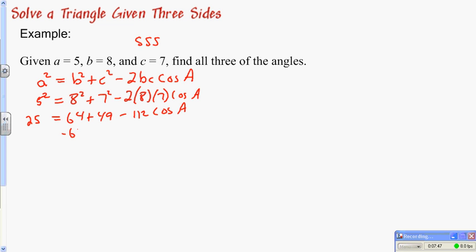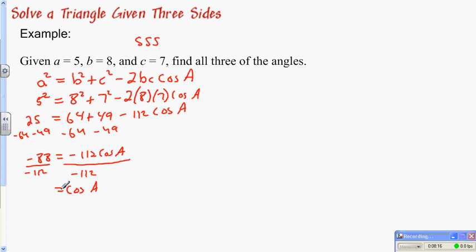Subtract 64, subtract 49, from both sides. I could have added them together first, that would be fine too. I get negative 88 equals negative 112 cosine of A. Now I have to separate the negative 112. So cosine of A is equal to 0.786 approximately.